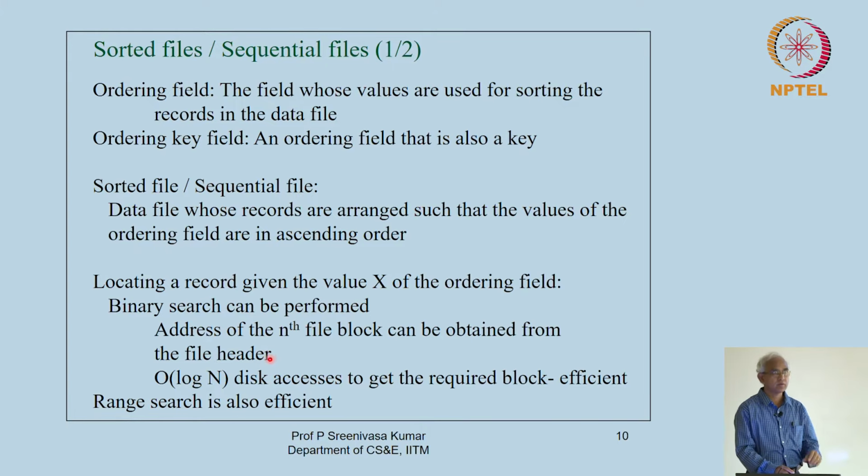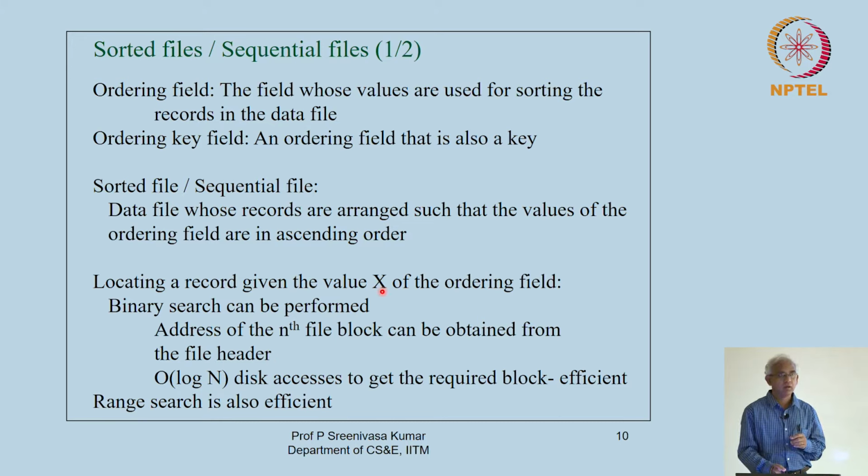Then you can do binary search. So if it has 1000 blocks, you can take the 500th block's address, and then you get 8 kilobytes of data or something like that. You get a block of data, and then you look for the record which has this value x.